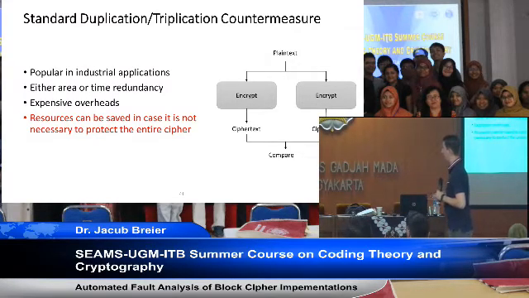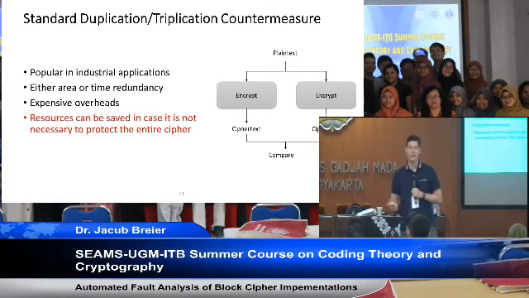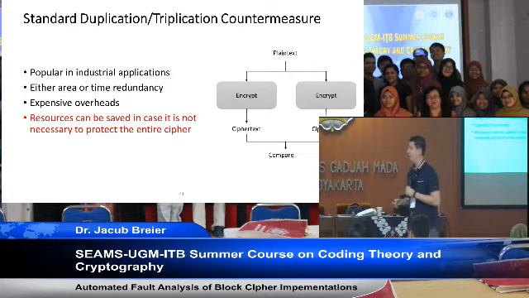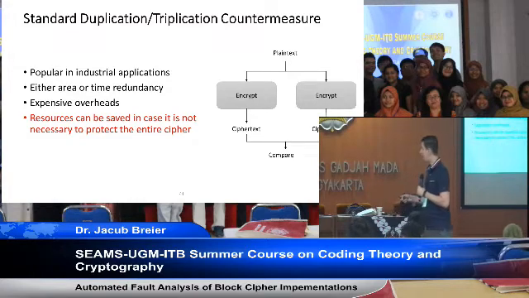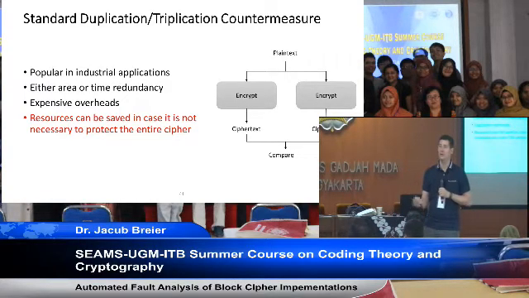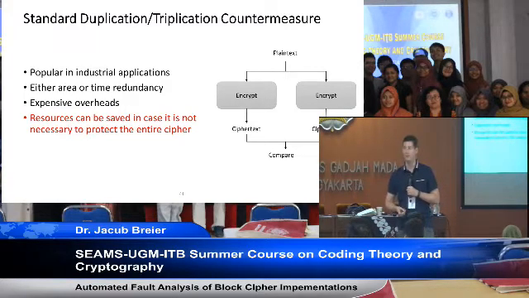Of course, all of these things have very expensive overheads. If we implement several circuits, especially if we have heavyweight ciphers like AES, it takes a quite significant area on the chip. Similarly, if you have time redundancy, normally you don't want to wait, let's say, a couple of seconds until your transaction with your credit card is done. So this is another thing to consider.